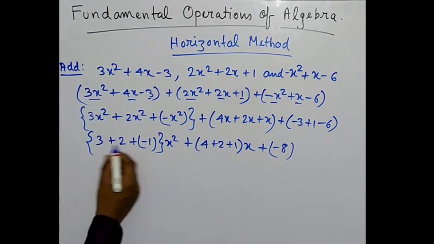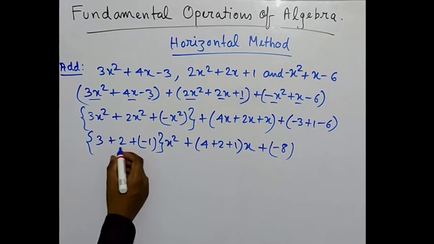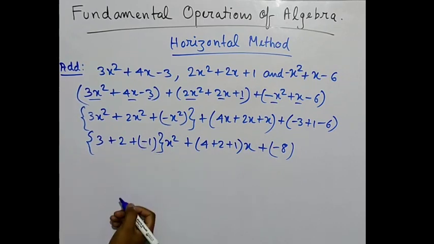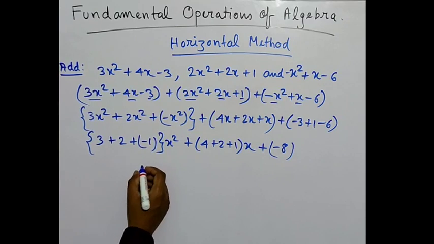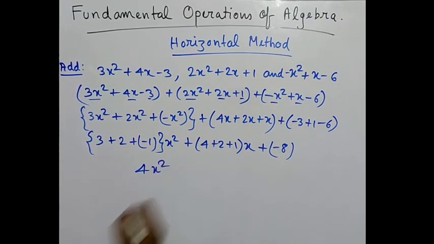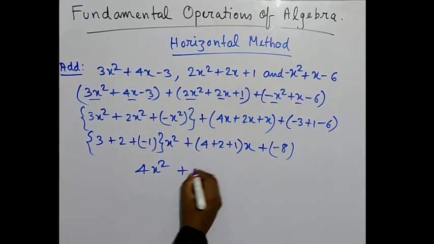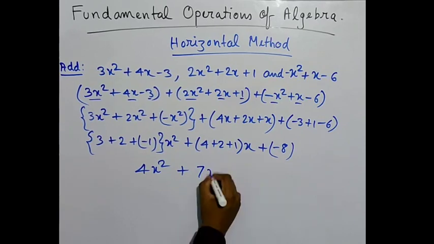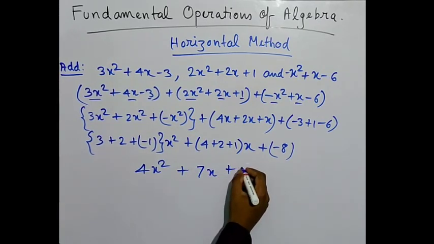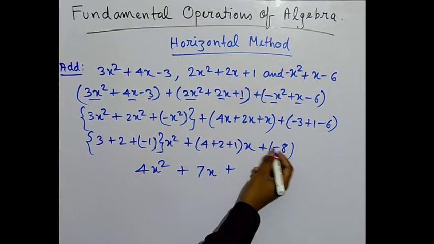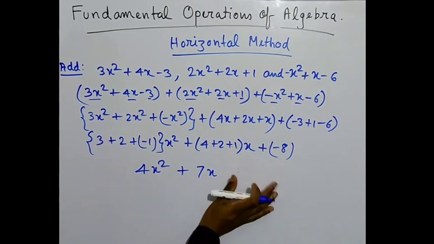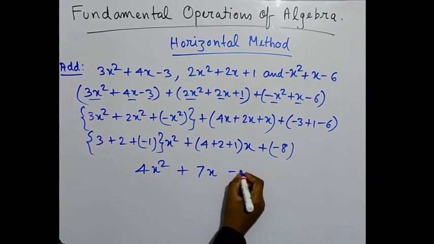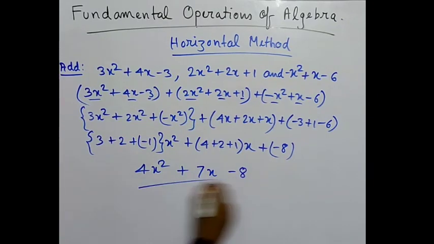Now 3 plus 2 will give you 5, and 5 minus 1 will give you 4. So 4x square. Then plus 4, 5, 6, 7x plus negative 8. So negative 8, negative and positive will give you negative sign. So when you open the brackets, we'll have negative 8. So this will be the answer.